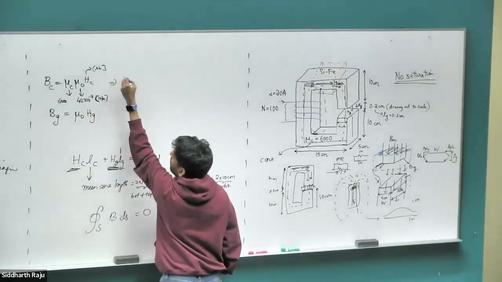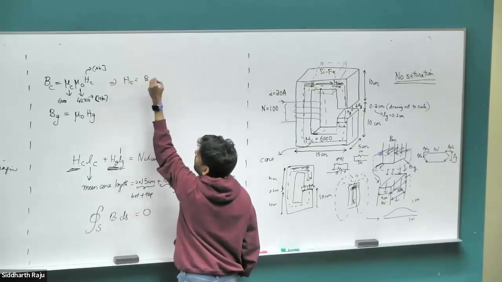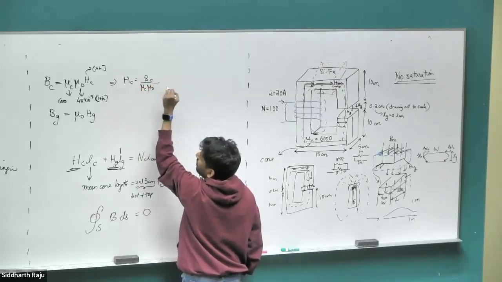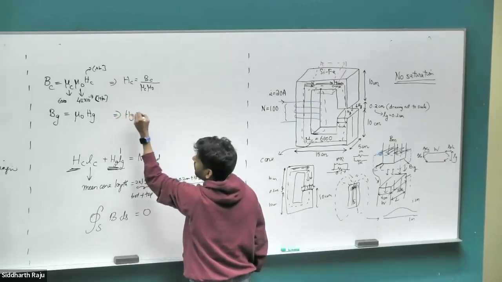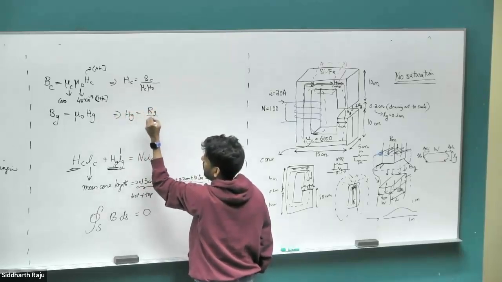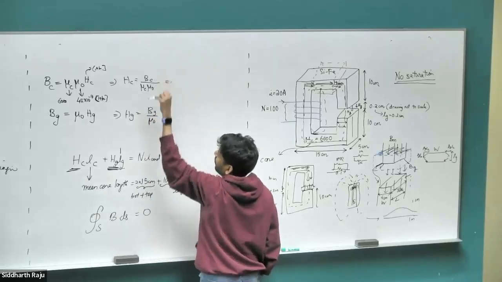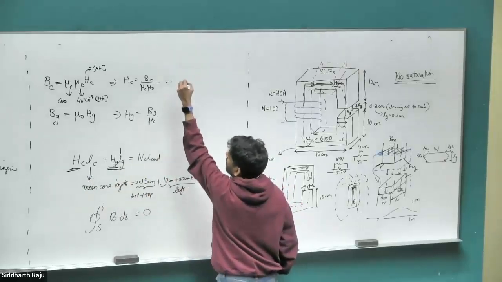So this implies our Hc is Bc divided by mu C mu naught. And then this implies Hg is Bg divided by mu naught. This again implies, we can substitute for BC as flux divided by AC.